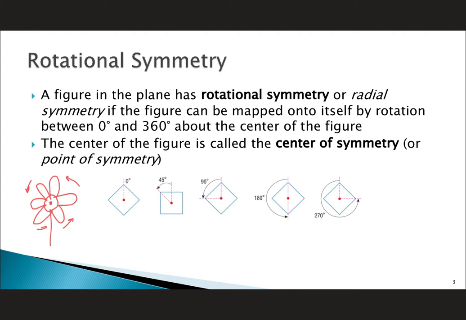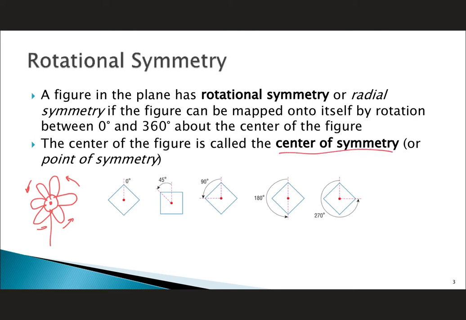The petals will all be in the exact same place. You get to a certain point where if you keep spinning, you can't tell if that was the original point or if it spun a couple spins. That's rotational symmetry. It's rotating around a center point, and the center is called the center of symmetry.